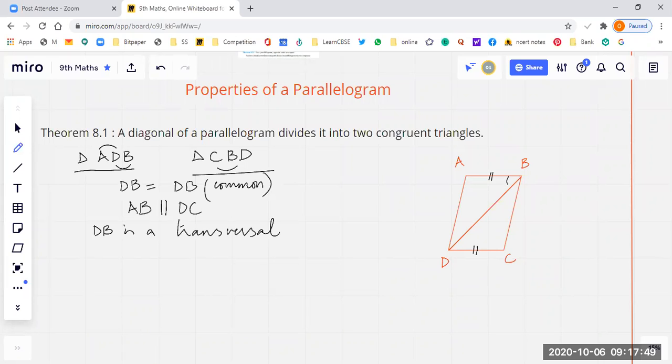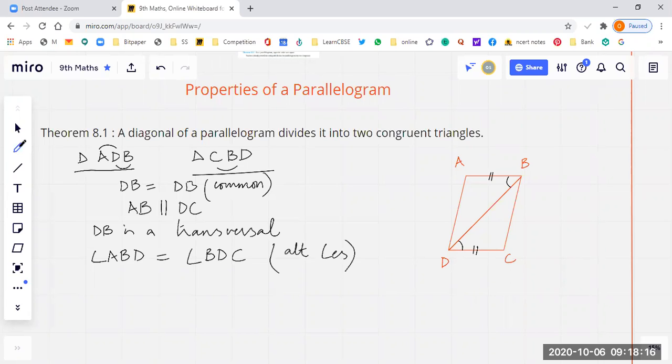I can definitely say this angle is equal to this angle. That is, angle ABD is equal to angle what? Students, tell me. BDC. Why? These are alternate angles. Am I right, students?